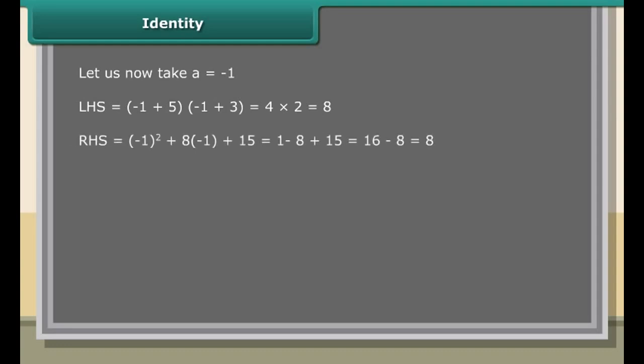RHS = (-1)² + 8(-1) + 15 = 1 - 8 + 15 = 16 - 8 = 8. For a = -1, LHS equals RHS.